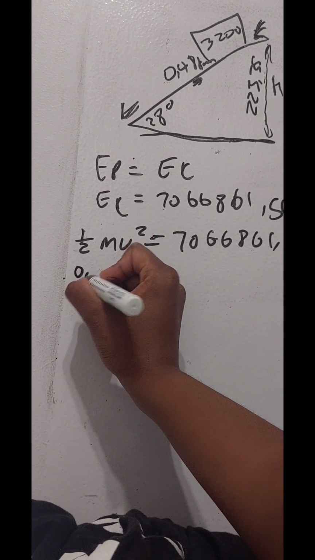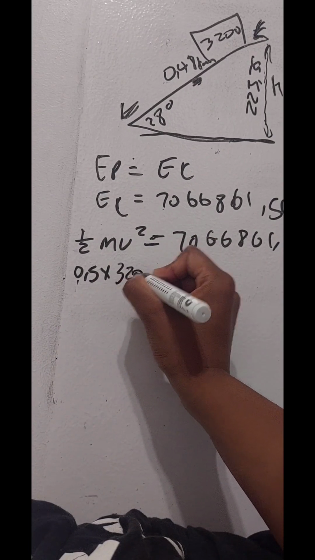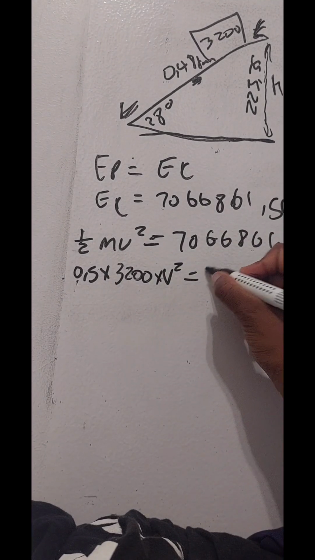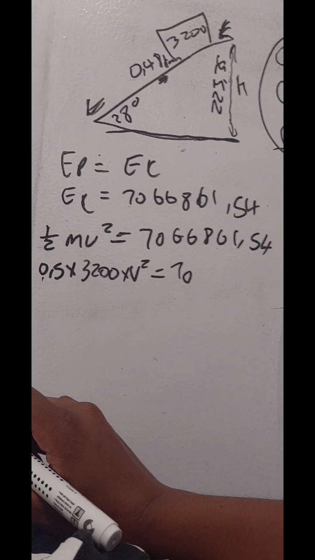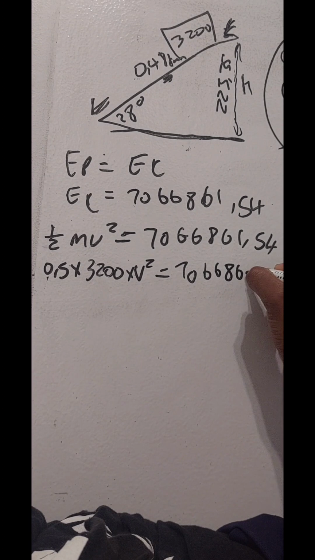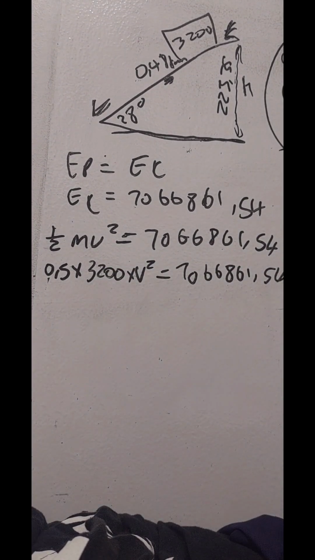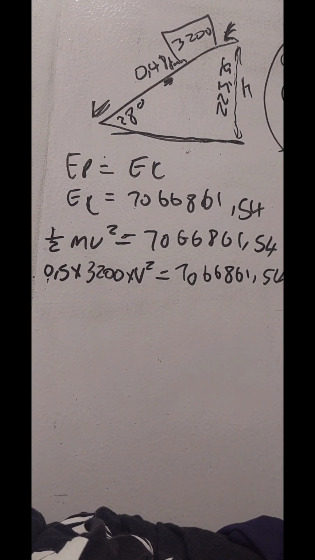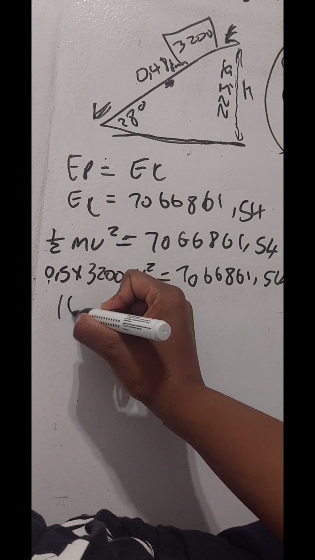We have half, 0.5 times the mass, which is 3,200, and we are looking for the speed, the velocity. Let's multiply 0.5 times 3,200. I get it to be 1,600.